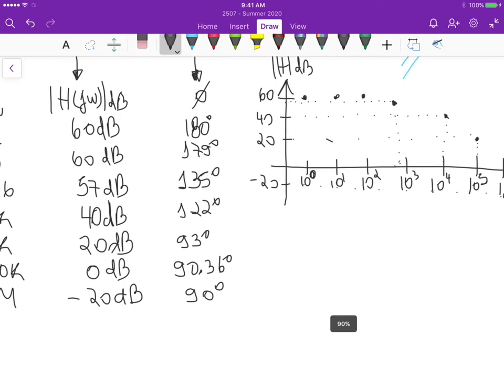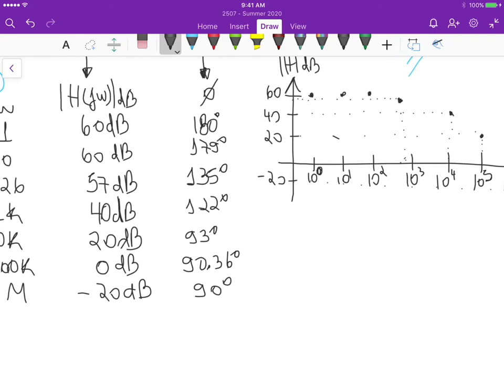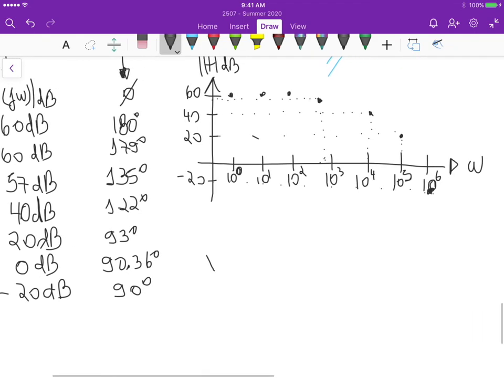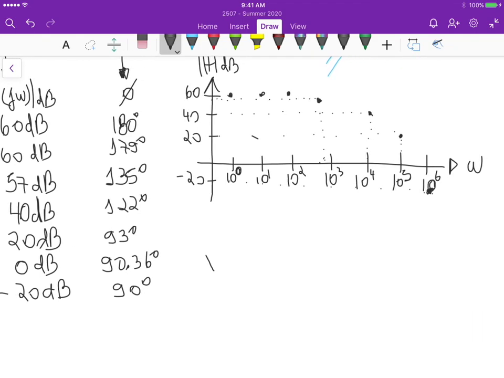So let me just... So 10 to the 3. Oh, exactly at 10 to the 3 is 20. So yeah, I thought there was something wrong here.